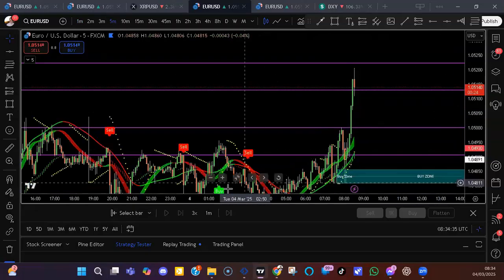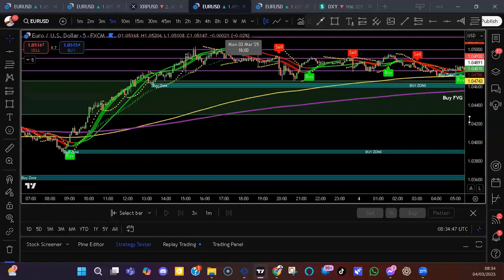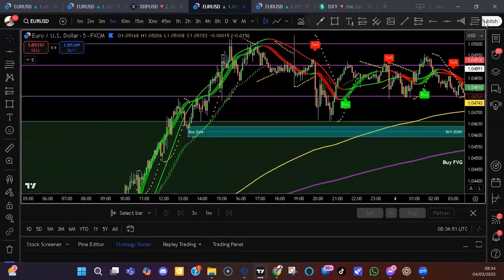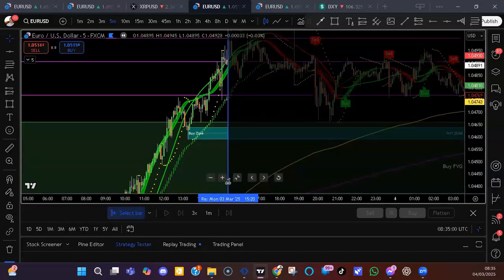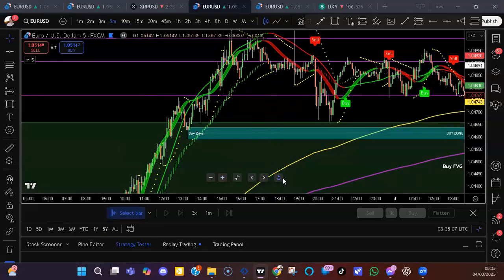Let's just do the same for the EUR USD. So we get the time machine again, and we go to 6 o'clock, which is there.